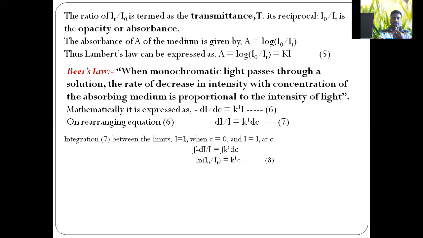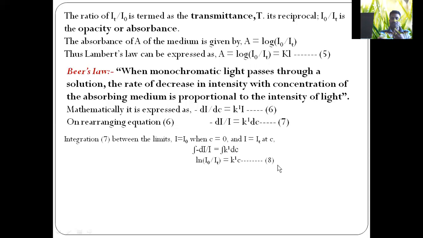Then integrating equation number 7 between the limits I equal to I0, I equal to IT, and C equal to 0, and C equal to C. So integral of minus dI by I is equal to integral of k dash dC. So according to the integral formulas, this becomes ln of I0 by IT is equal to k dash C after applying the upper and lower limits.